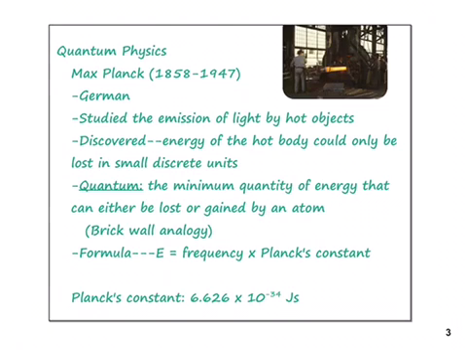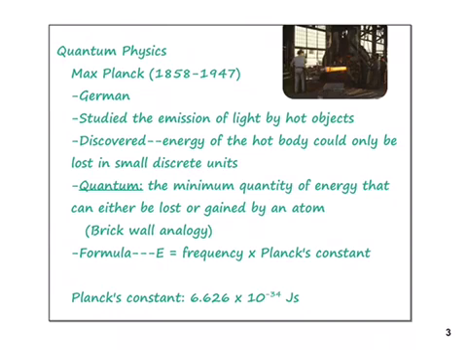So in the 1900s, a German scientist by the name of Max Planck studied the emission of light by hot objects. So we know that hot objects, when they get really, really hot, they glow and they give off light.